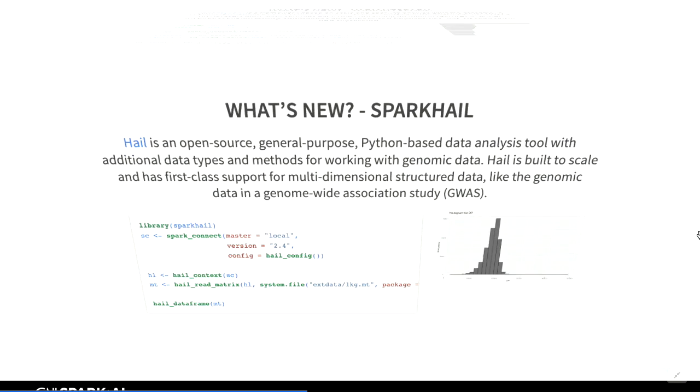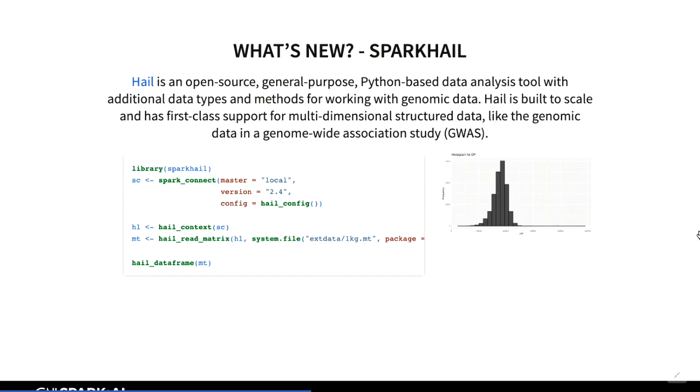Anyways, there's another one in the genomic space called SparkHale, based on a big Spark project called the Hale project. It provides functionality for doing genomic analysis on Spark, which you can also start using from R.